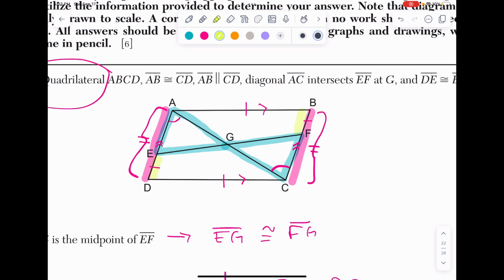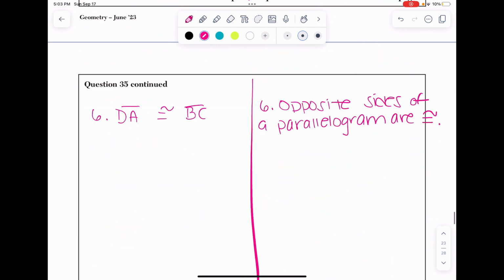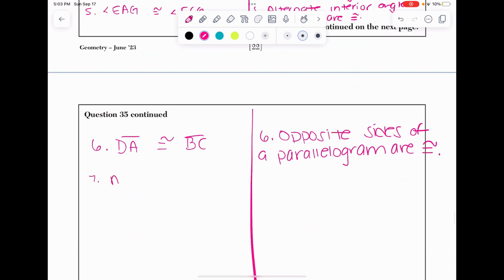So imagine if we subtract those out, those have to be congruent to one another. That would make AE and CF congruent segments. So AE is congruent to CF by the subtraction postulate.